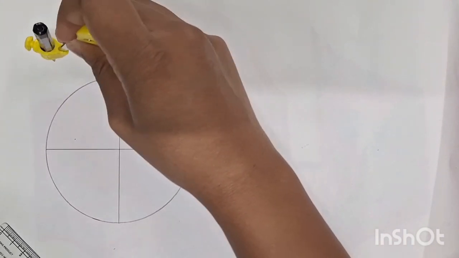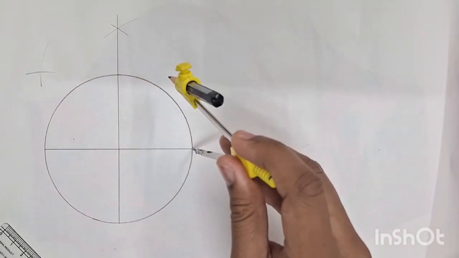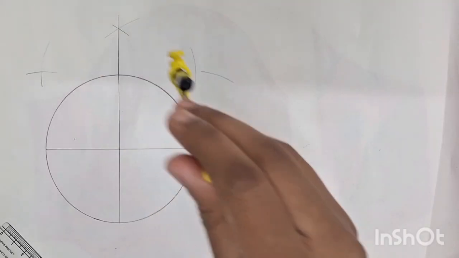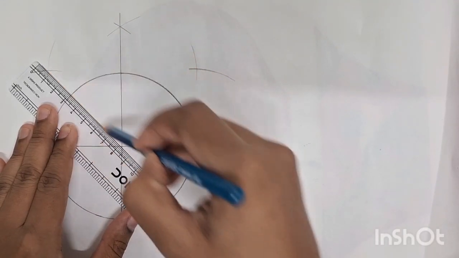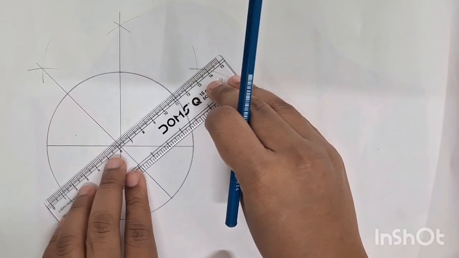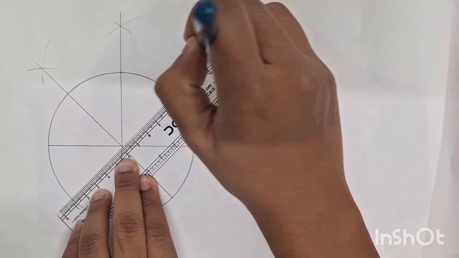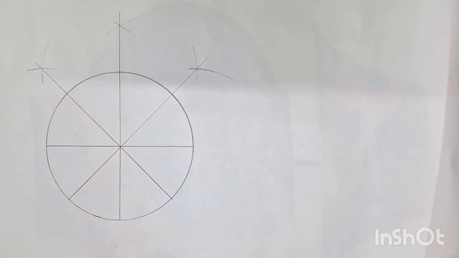I can use these points as reference. So the circle has been divided into 8 equal parts.